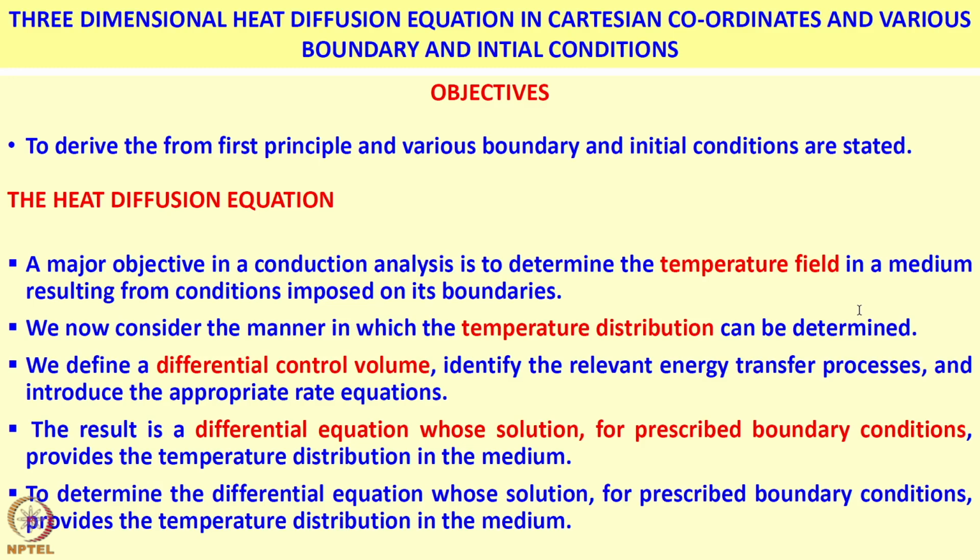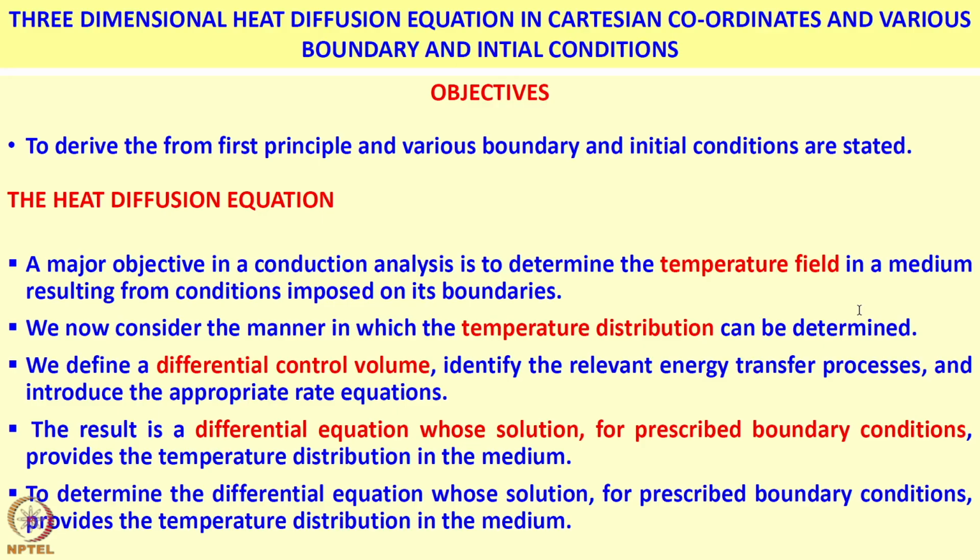With this background, let us go to the most important part of conduction heat transfer, that is the derivation of the three dimensional heat diffusion equation or heat conduction equation. We are going to present it in Cartesian coordinates, and we will also set up the derivation in cylindrical coordinates and leave it as an exercise for all of you to do.